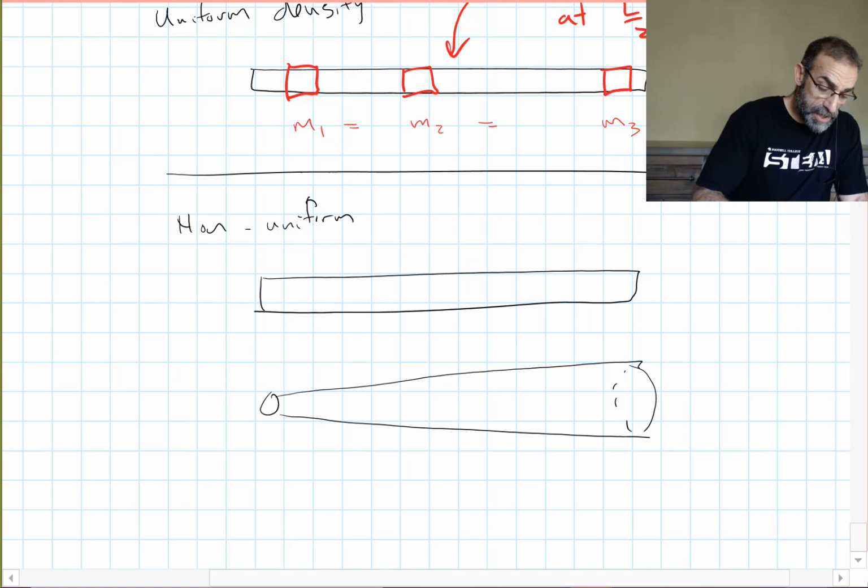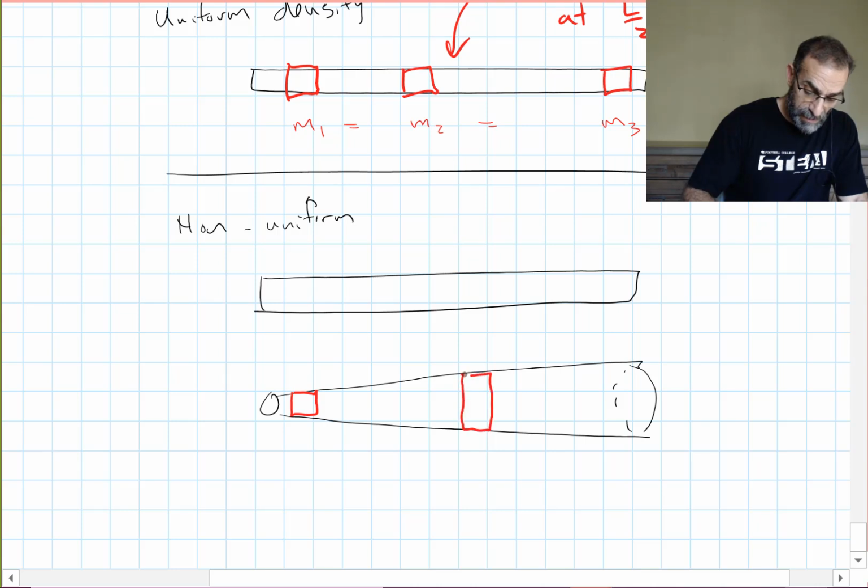So if we cut a chunk out of this end, a 10 centimeter long chunk, and we cut a chunk out of this middle, and we cut a chunk out of this end, all the same length, you can see M1 is going to be less than M2, which is going to be less than M3.